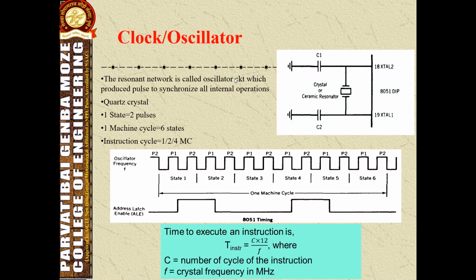There is already an oscillator circuit provided inside the microcontroller, but to run it we have to provide external clock pulses to that oscillator. The oscillator circuit is connected between these two pins, pin number 18 and 19. The oscillator circuit contains a crystal, ceramic or resonant oscillator.